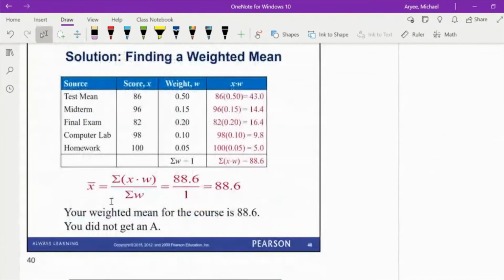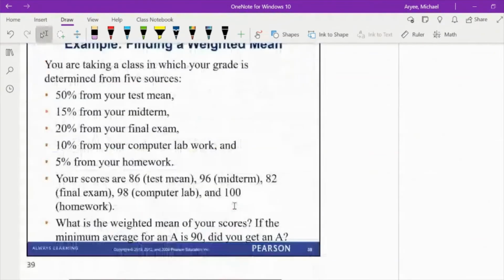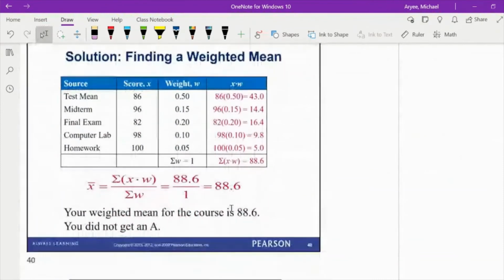Okay, so I have this big thing here. Let me actually bring it over here. All right, so there was this long question, but it's reduced into this table, so that will make it easy for you to see. So the test student score 86, midterm student score 96, final student score 82, computer lab student score 90 something, homework student got 100%.